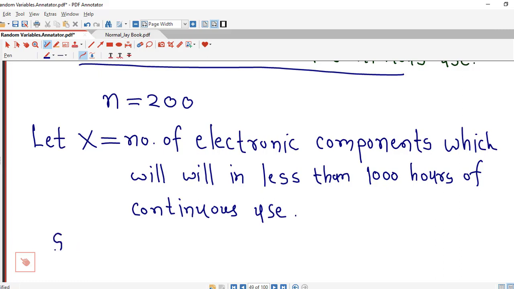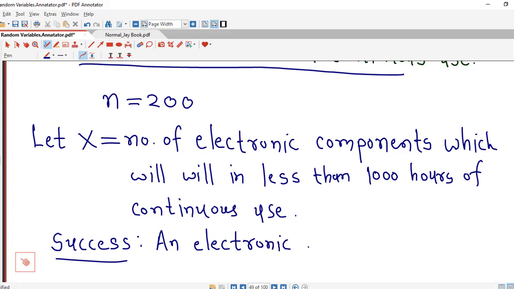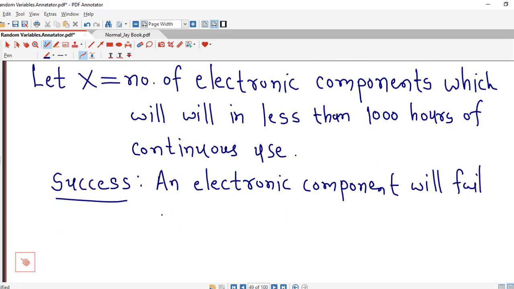So suppose success is the event that an electronic component will fail in less than 1000 hours of continuous use.